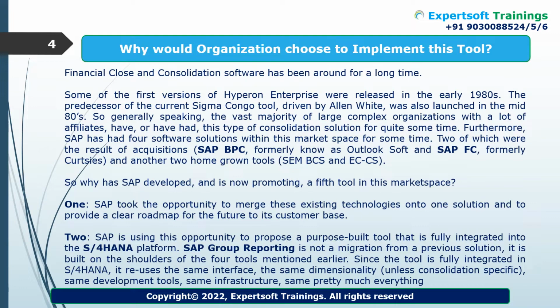When you expect a new client and they are implementing SAP S4HANA, if they want to use a consolidation tool and have multiple company codes, then although you still have the other four tools I mentioned earlier, group reporting is definitely what you can recommend when S4HANA is being implemented.